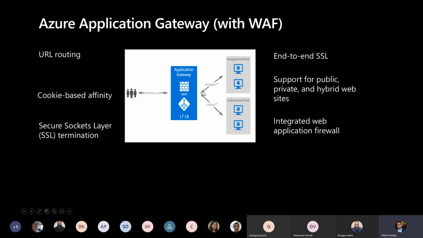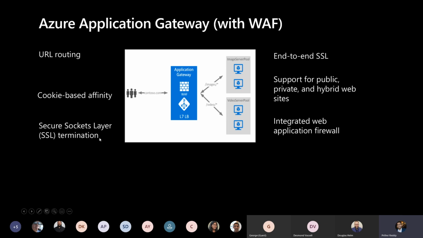So you can have a URL such as /images, and that points to a backend pool, right? And that backend pool can be VMs, it can be containers. The other benefit, of course, is you get cookie-based affinity and SSL termination.